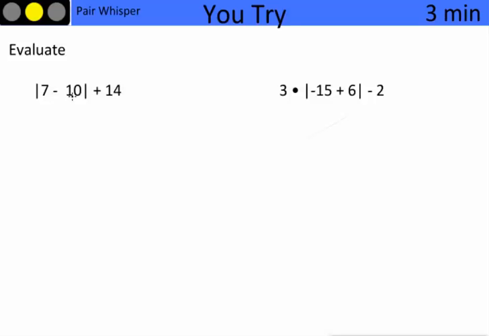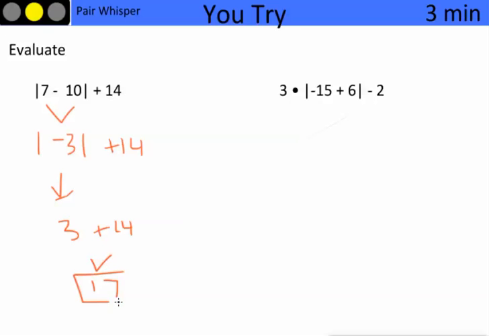7 minus 10 inside of our absolute value is negative 3. The absolute value of negative 3 is 3. And 3 plus 14 is 17. Negative 15 plus 6 is negative 9.